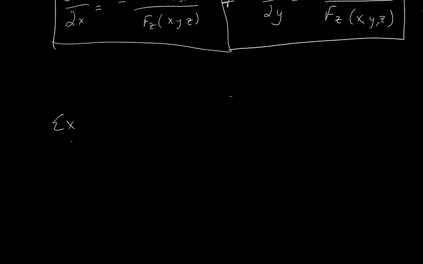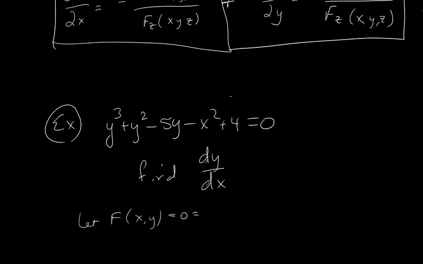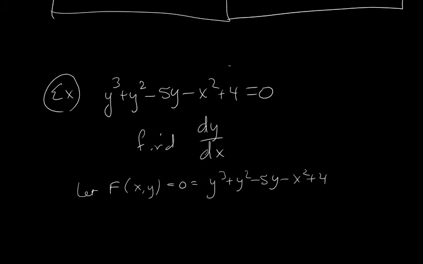All right, so let's go ahead and do an example here. Suppose I give you this equation, y cubed plus y squared minus 5y minus x squared plus 4 is equal to 0. And I say find dy/dx. We begin by making sure that our entire equation is on one side with 0 on the other, so that we can say let F of x, y be equal to y cubed plus y squared minus 5y minus x squared plus 4. Then we can find our partials.